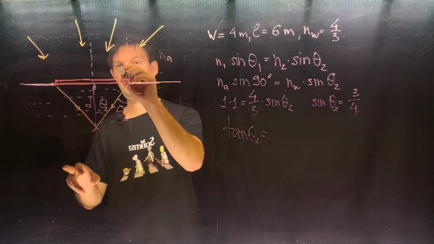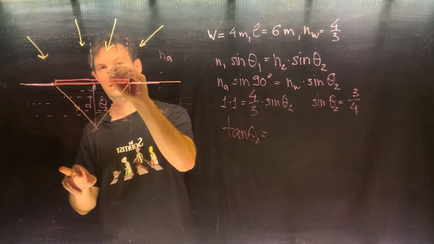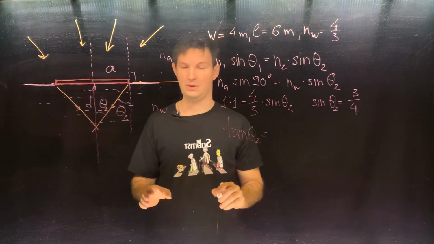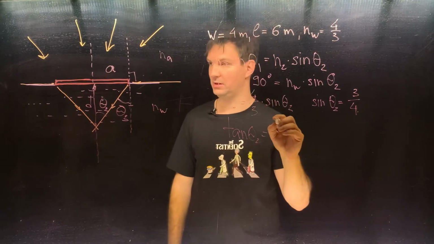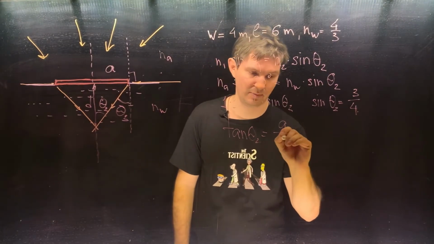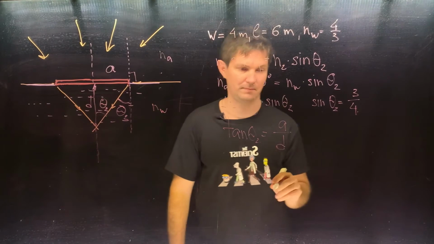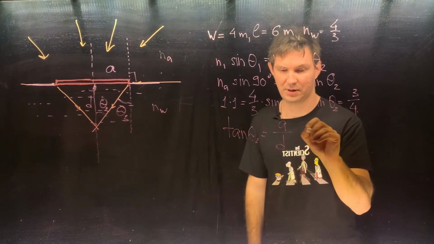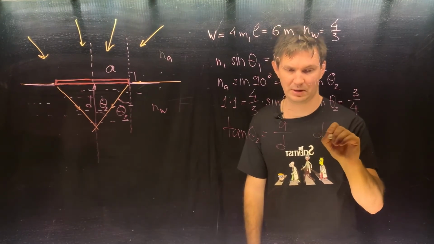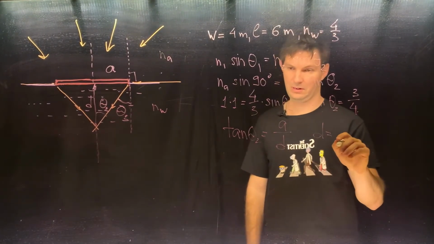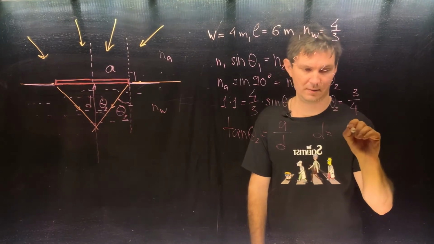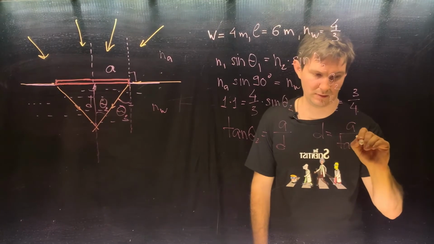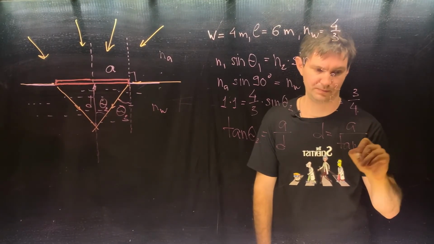Let's call this segment A. So tangent of theta 2 is A divided by D. It means that D is A divided by tangent of theta 2.